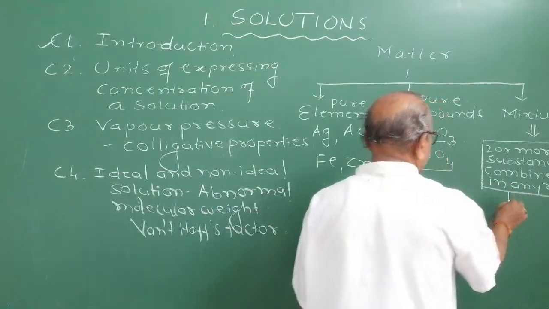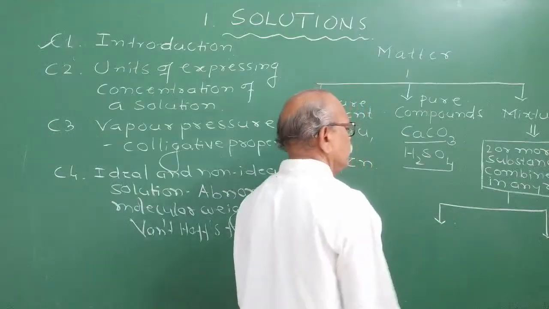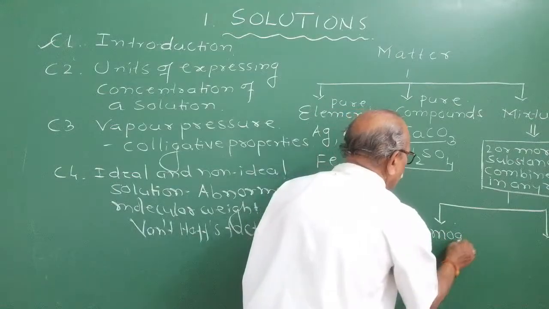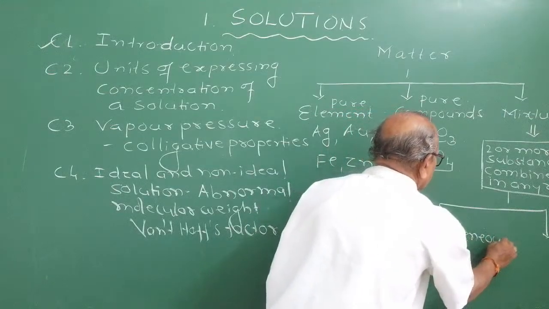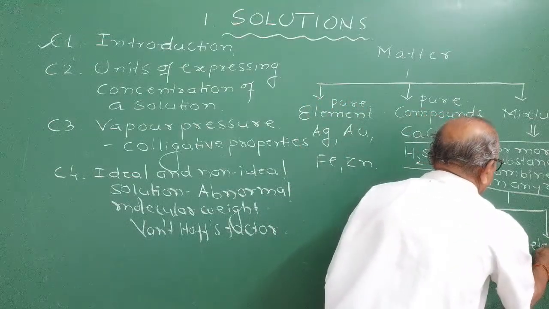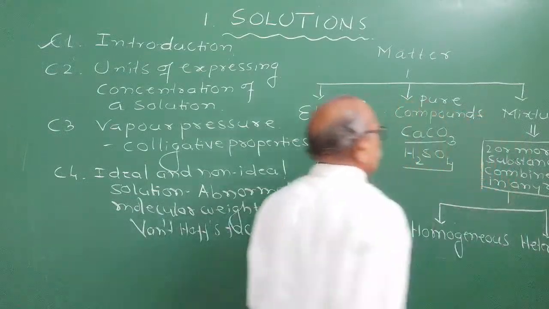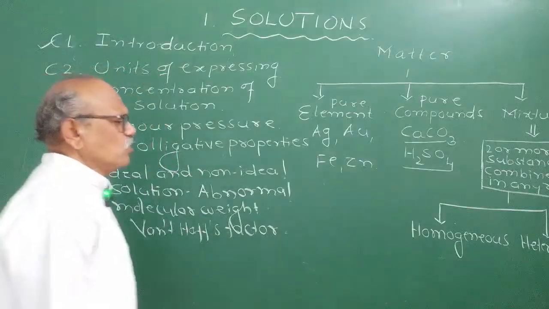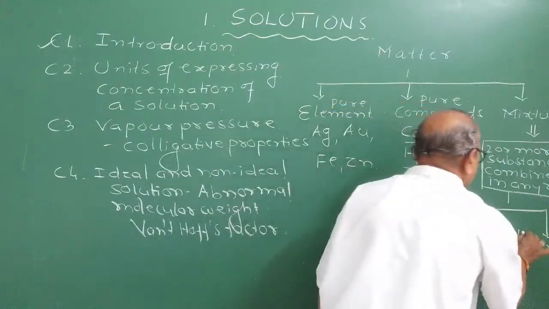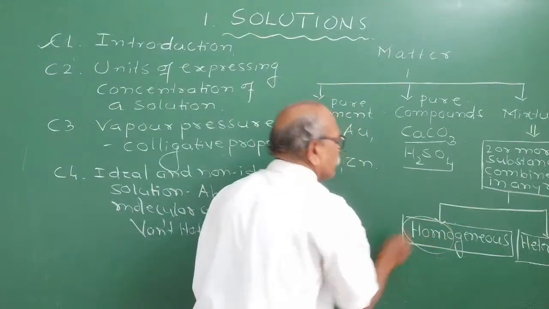So these mixtures are further classified into two more types. One is called homogeneous mixture. Another one is called heterogeneous mixture. What is the difference between them? Homo means the same, right?